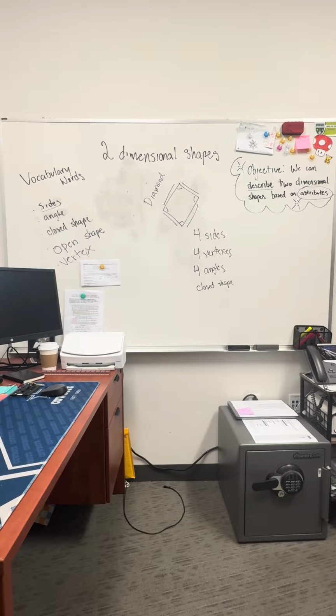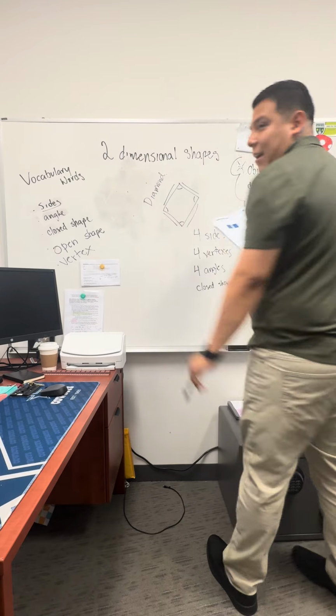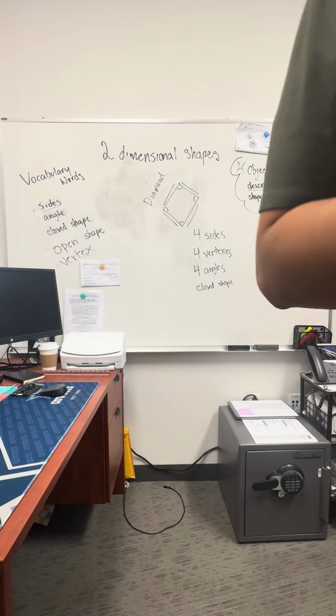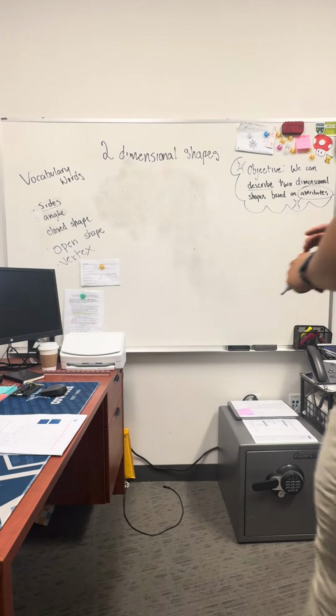Great job. All right, now it's your turn. So on the board, I want you to create a shape with 4 sides, 4 angles, but that looks different than mine. So you can't do a diamond and you can't do a square. Who would like to come up? Or actually, you know what?